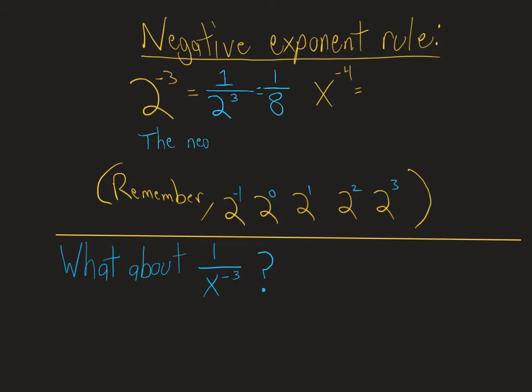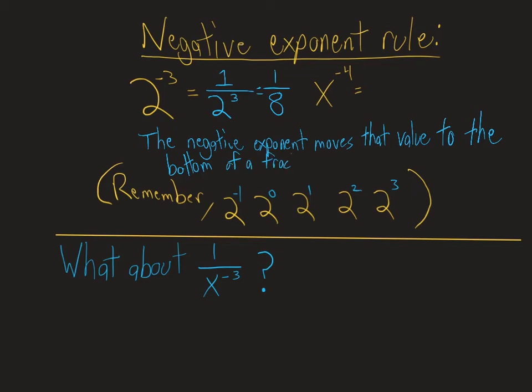And so what we see here is the negative exponent moves that term or that value to the bottom of a fraction, under 1, okay, so it's a 1 numerator.